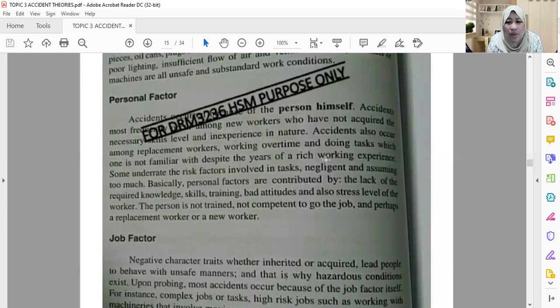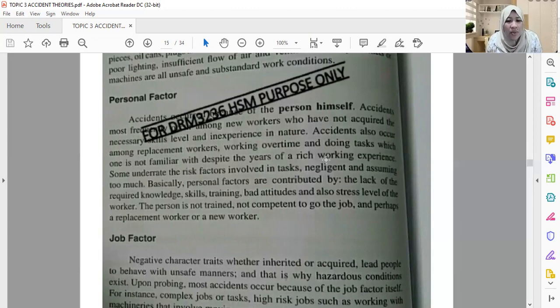And then also you can see in here, what else, doing tasks which one is not familiar with. You are new to that thing, so maybe you have to rely on the person who is rich in working experience. Some underrate the risk factors involved in tasks, negligent and assuming too much. They assume this job is easy, but it's not easy peasy.